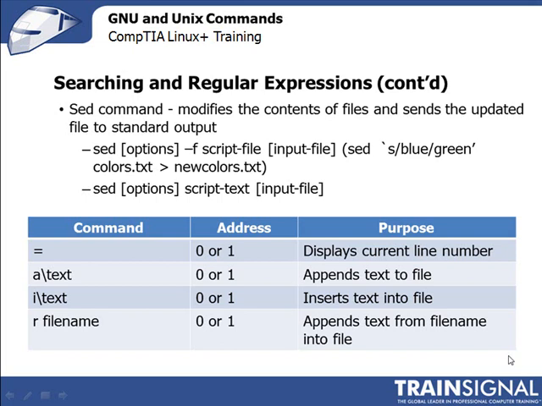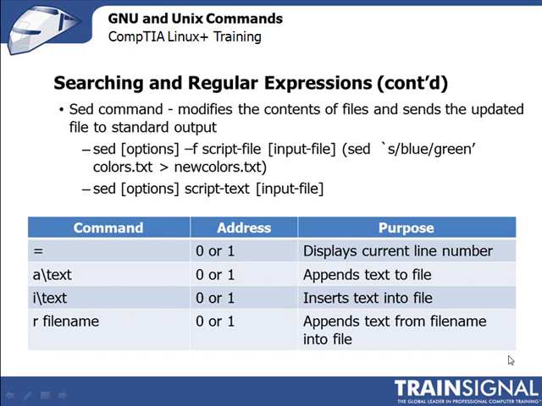The address column represents a line number. None says to operate on the entire file. 1 represents a line, or 2 addresses represent a range. A typical sed command could employ the use of the backticks that we talked about earlier.